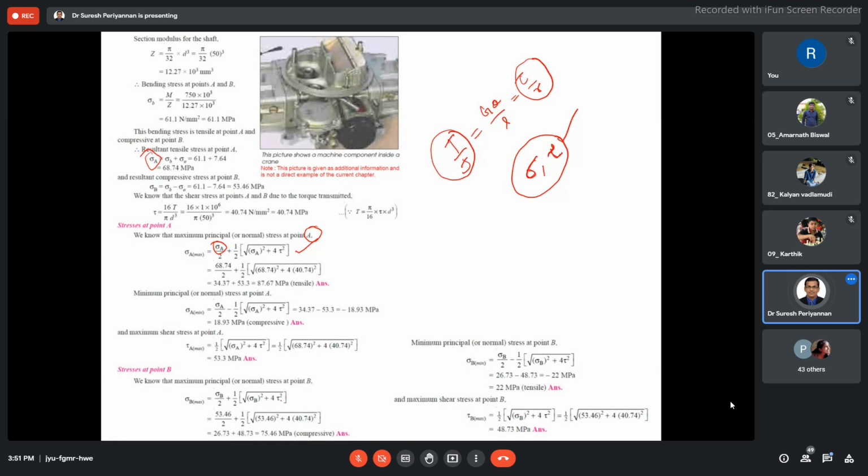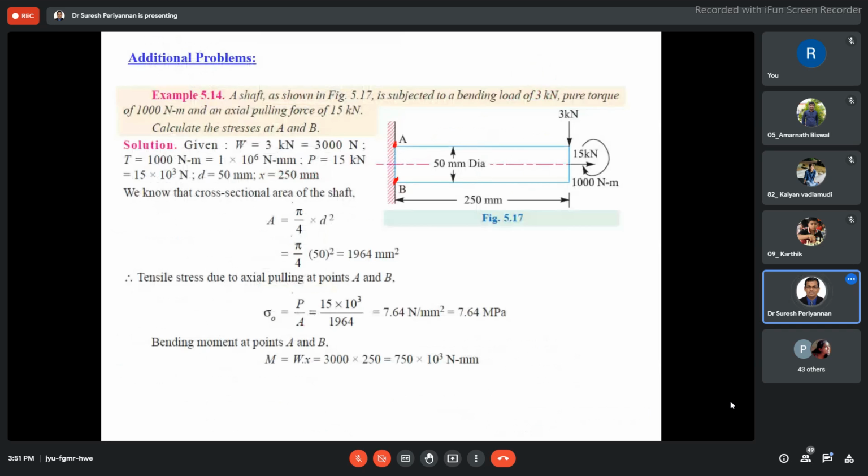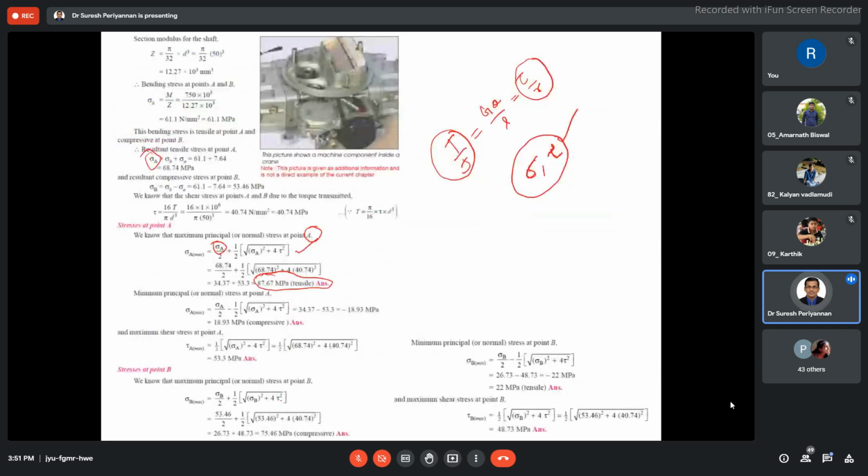Finally, this is 87.67 megapascal tensile maximum principal stress at the point A here. Now, similarly, what is the minimum principal stress at the point A? Use the minus sign and you are going to get minimum principal stress as 18.93 megapascal.